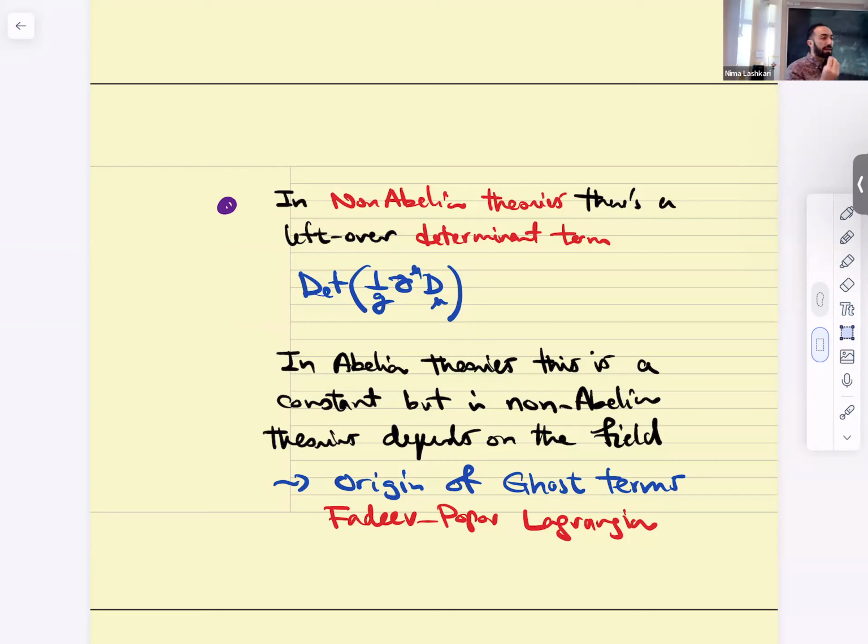BRST makes the connection to topology very clear. It will be about closed sequences. I don't know if you guys are familiar with topology, but it makes that connection very clear. So we'll go through that. Then we're going to renormalize and calculate the beta function of non-abelian gauge theories. Then we'll probably talk a little bit about confinement.